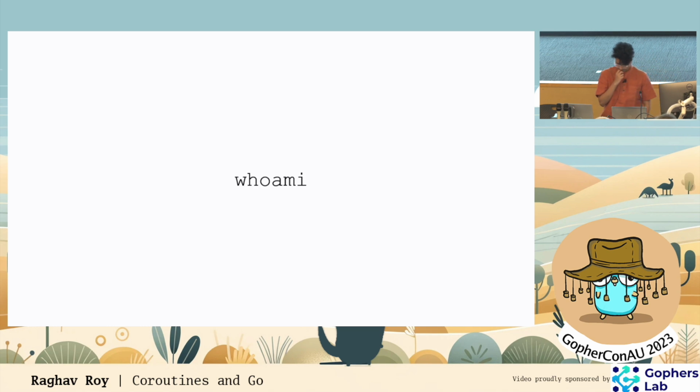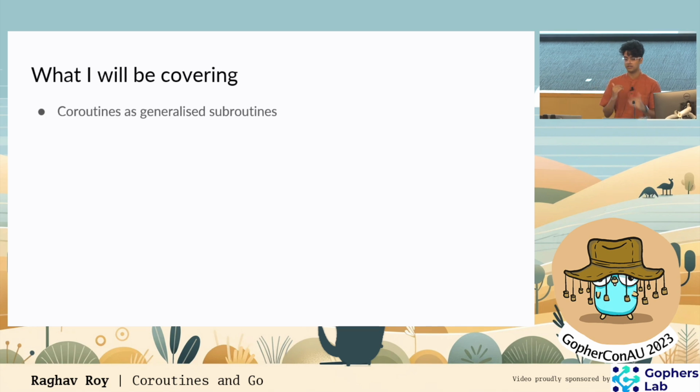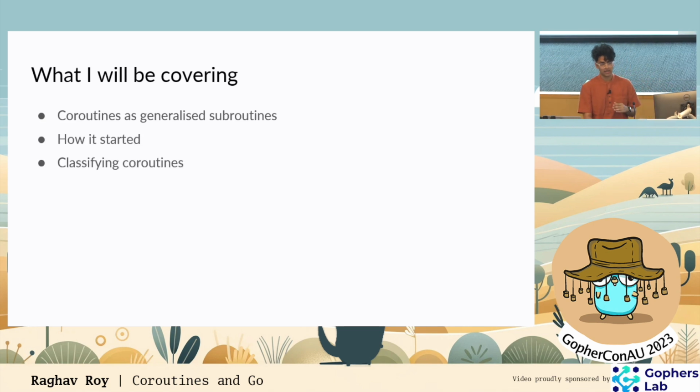So to set the expectations of the talk a little bit, I'll be talking about subroutines and how coroutines can be explained in terms of generalized subroutines, how it all started, what the history of coroutines is, and why they were brought up in the first place.